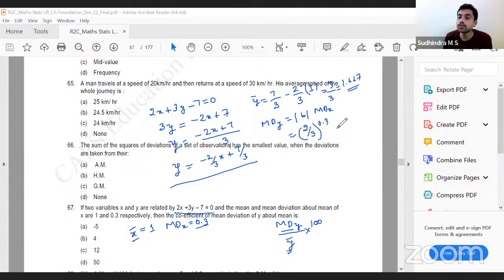So 2 by 3 into 0.3 will give us the mean deviation of y. What is the mean deviation of y? We get 0.2. Now we have both. Just apply this formula. Mean deviation of y divided by y bar into 100. We get 12% as the coefficient of mean deviation.